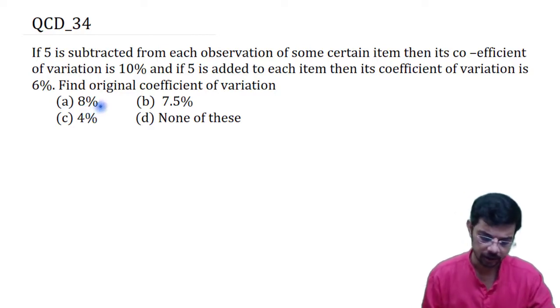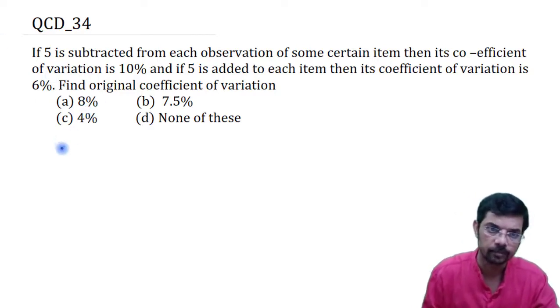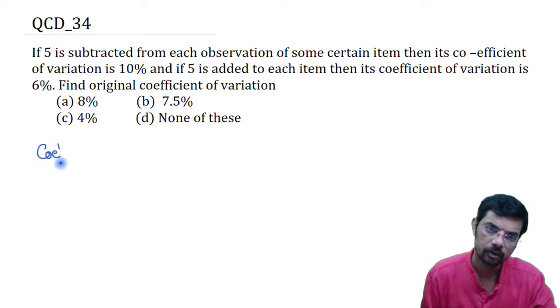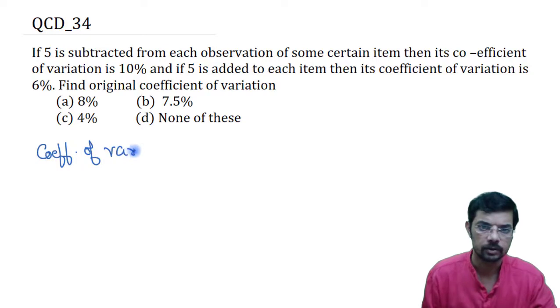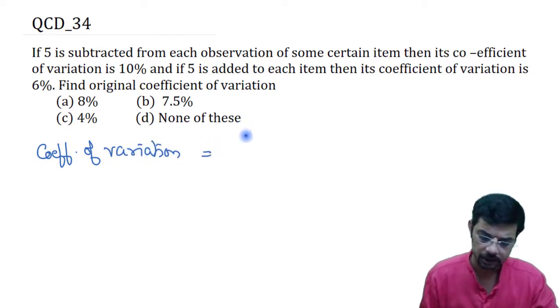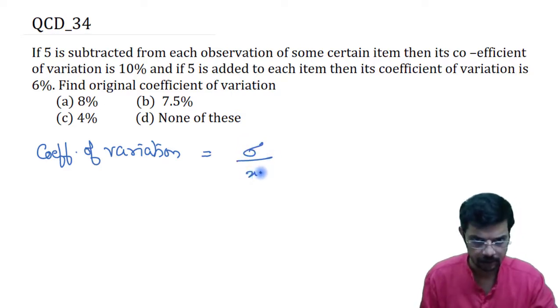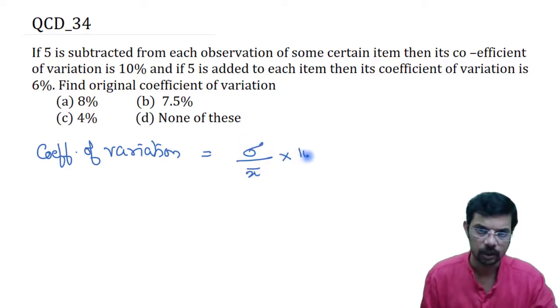So what happens to the coefficient of variation? We need to understand what the coefficient of variation is. The coefficient of variation is given by the standard deviation sigma divided by the mean, that is x bar, into 100.